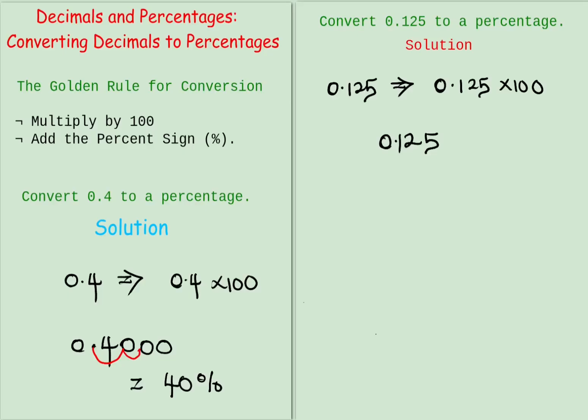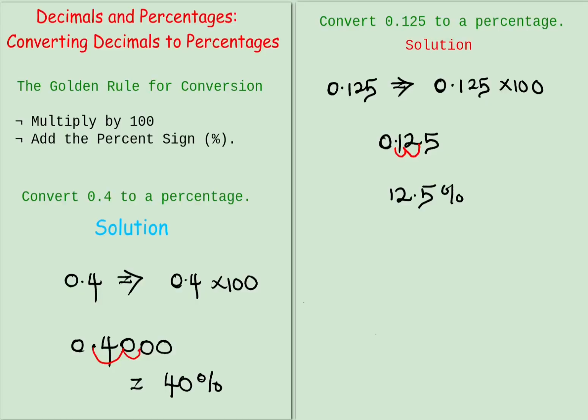If our decimal point is here and we move 2 times to the right, this is once, this is twice, and that gives us 12.5. So 0.125 in terms of percentage becomes 12.5%. That is how we convert decimals into percentage.